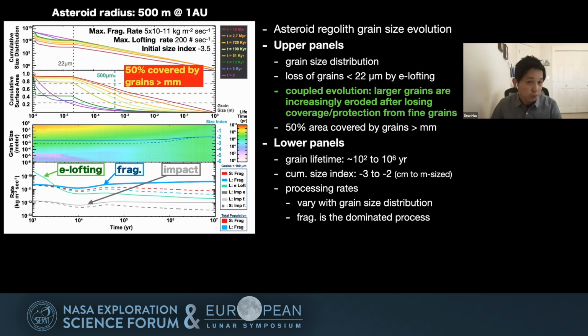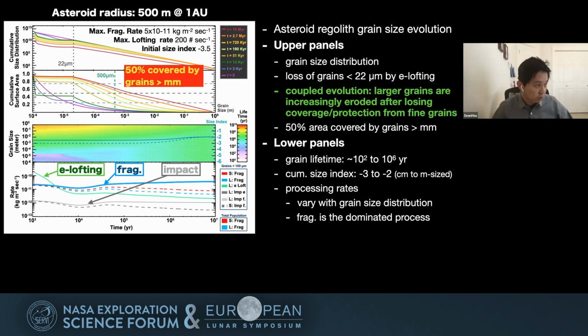But with the loss of fine-grained materials, you lose the protection of these materials for the larger grains. So they are more and more exposed to space elements, and their erosion starts to pump up. You can see the fragmentation rate start to increase a little bit, experiencing a minor bump after 10,000 years.